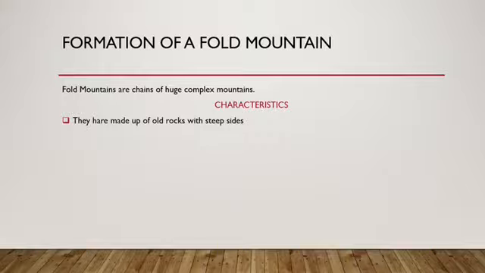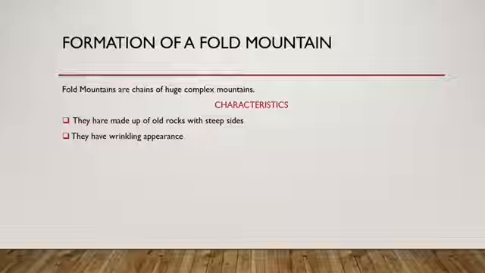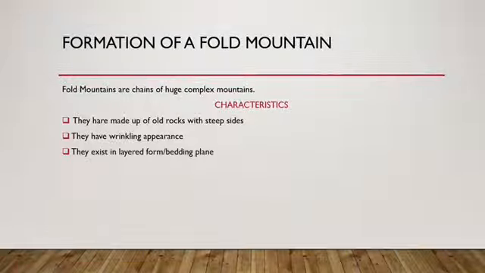Remember, these rocks still have the characteristics or properties from where they came from, and so these rocks are mostly made up of old rocks, and then they have a wrinkling appearance because of compressional force. They always have this wrinkling appearance where we have the anticline and syncline coming in, and then they exist in layers.